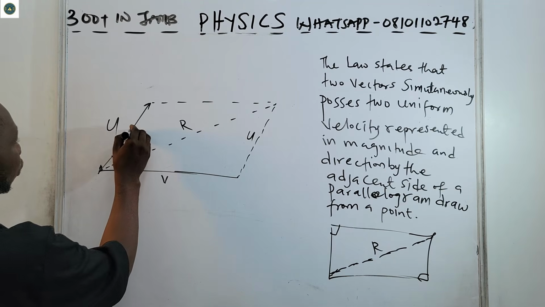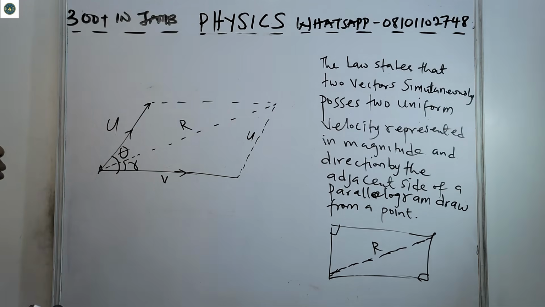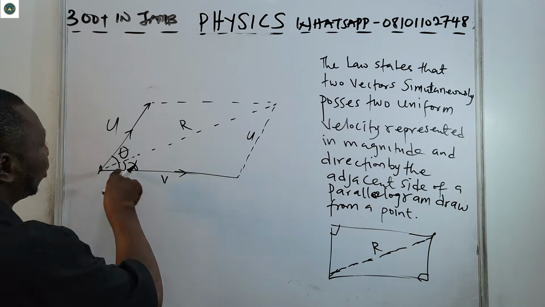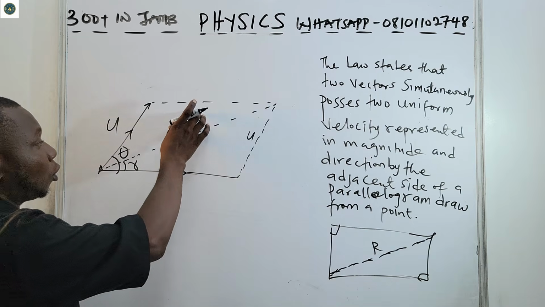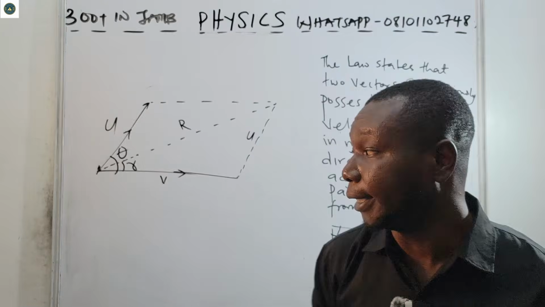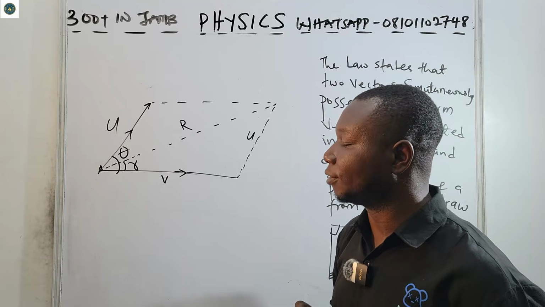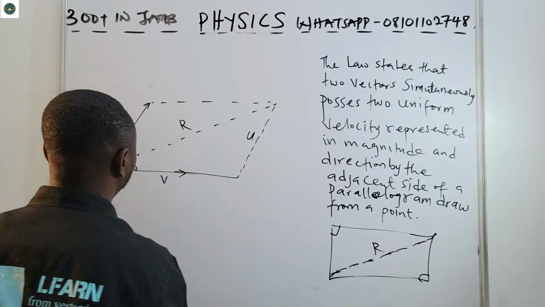Now if I have these two vectors acting at an angle theta, the diagonal of this parallelogram gives us the resultant. We're interested in the resultant because the resultant gives us the magnitude of these two vectors.